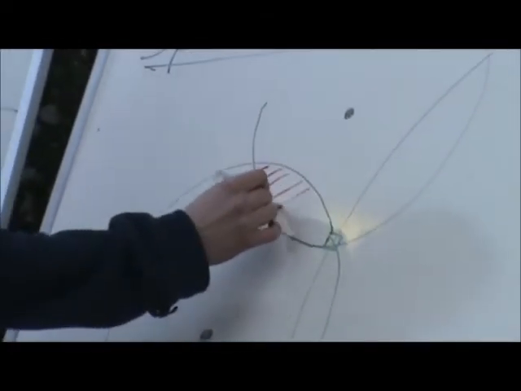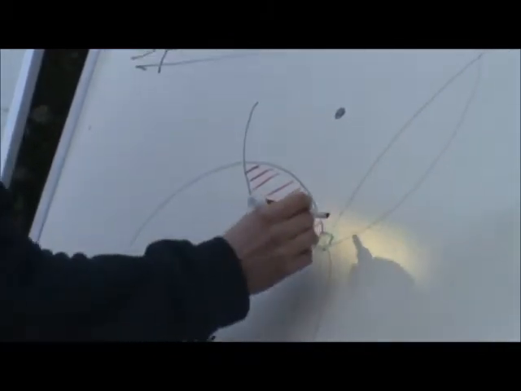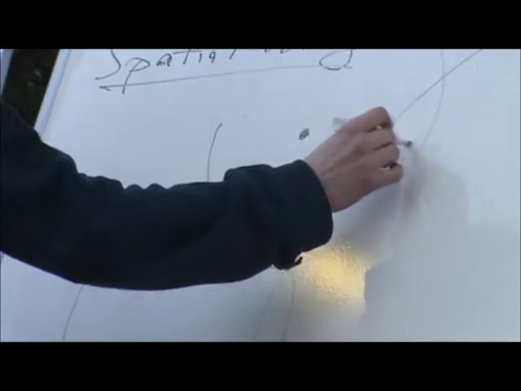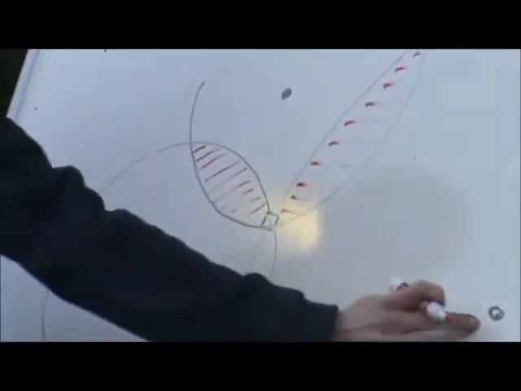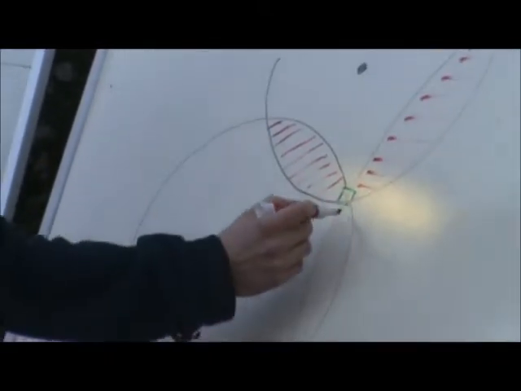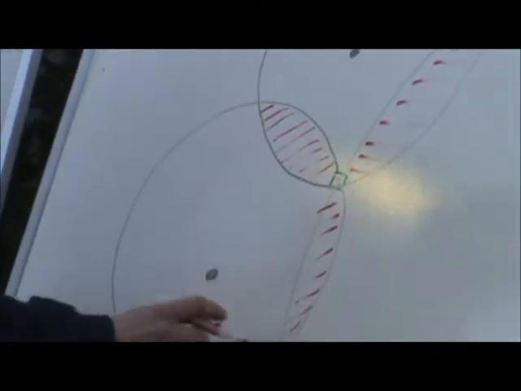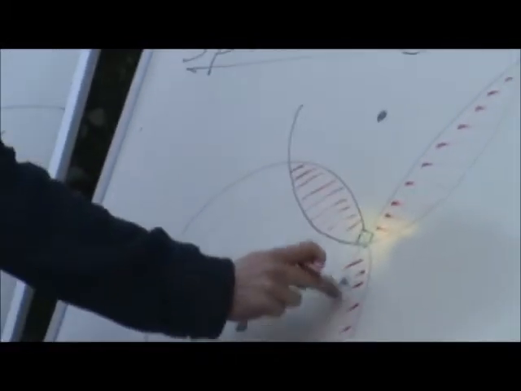So everything in this area will defeat this choice, and everything in this area will defeat this choice, again because these two guys prefer anything in here to this one, and anything in this area will defeat this choice because these two guys prefer anything in here to this one.